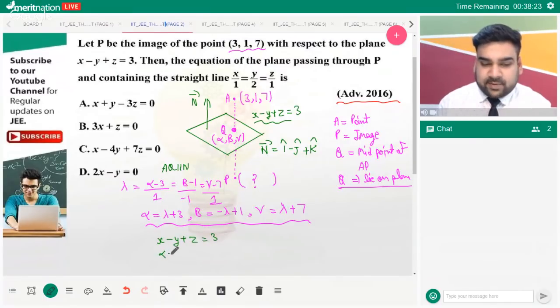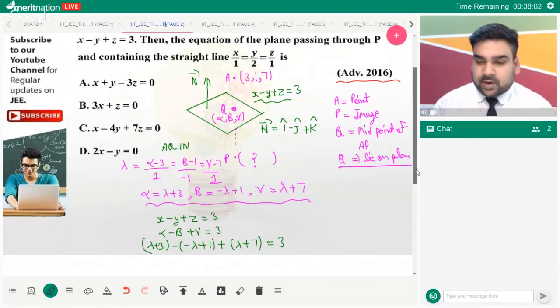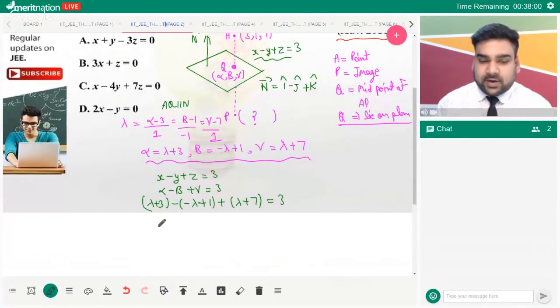So alpha minus beta plus gamma will be equal to 3 as well. Alpha, which is lambda plus 3, minus beta, which is minus lambda plus 1, plus gamma, which is lambda plus 7, is equal to 3.